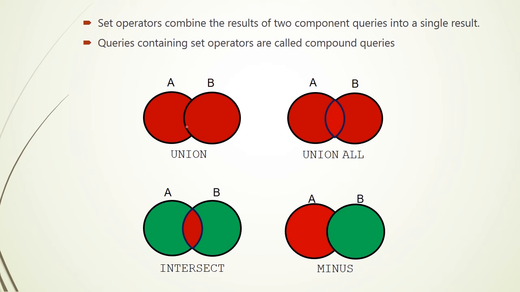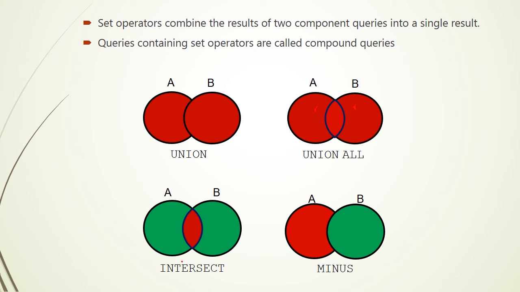Union is used to return the result from the first query and the result of the second query and removes the duplicates. Union all returns the result from the first query and the result of the second query without removing the duplicates.